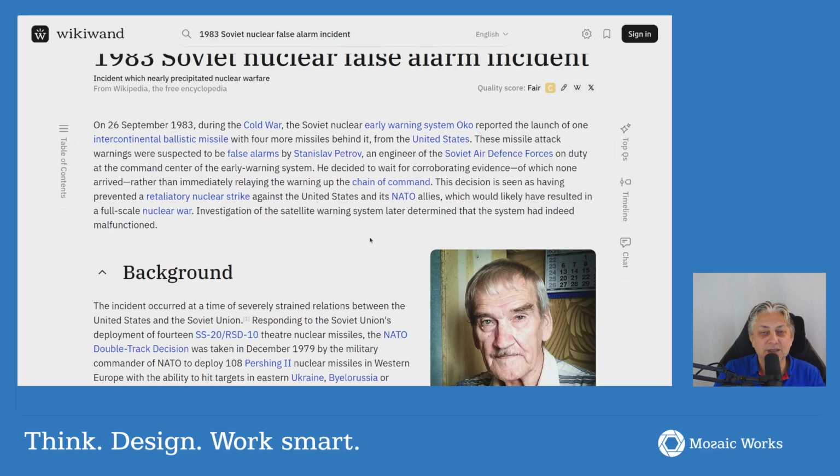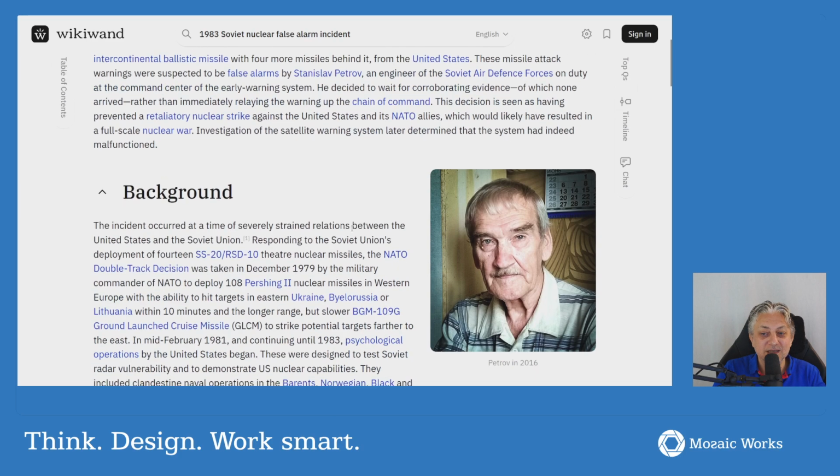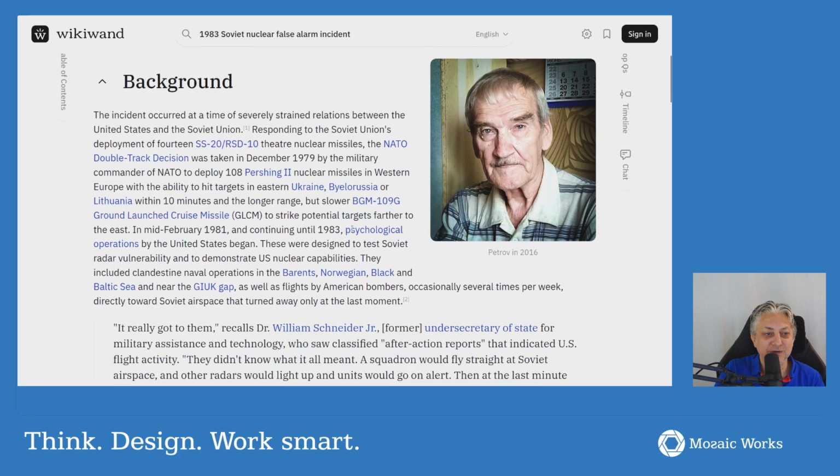He had to decide whether to wait for more information or the alternative, immediately relaying the warning up the chain of command. This decision is seen as having prevented a retaliatory nuclear strike against the US and its NATO allies, which would likely have resulted in a full-scale nuclear war. Investigations of the satellite warning system later determined that the system had indeed malfunctioned.